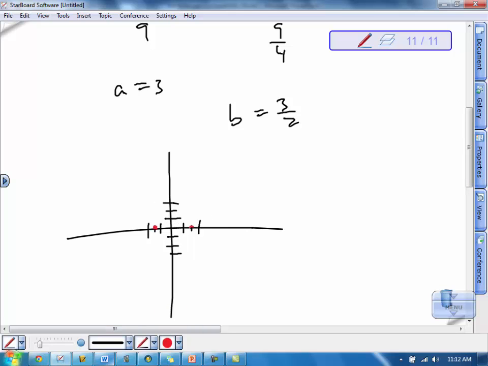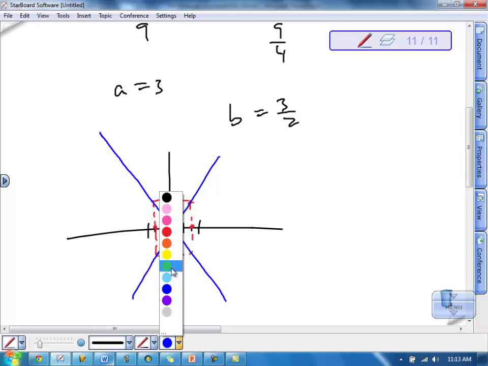So here's the co-vertices. Here are the vertices. If you make a box like this, the asymptotes are always the lines that go through the corners of the box. So here's an asymptote here. Here's an asymptote here. I guess I should have done a dotted line, but the function looks like this green one. The hyperbola looks like that.